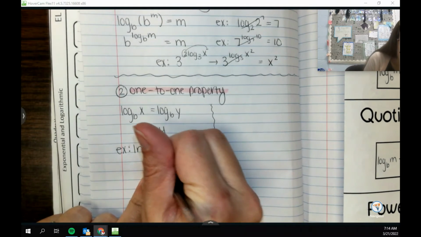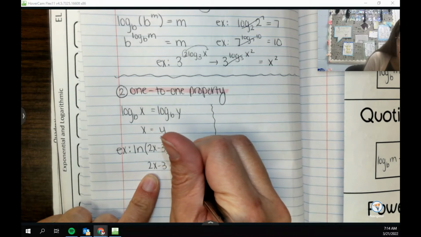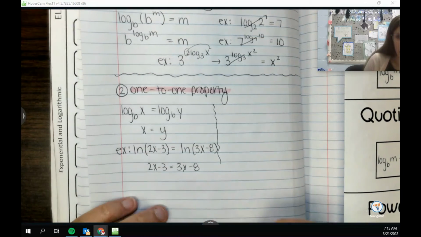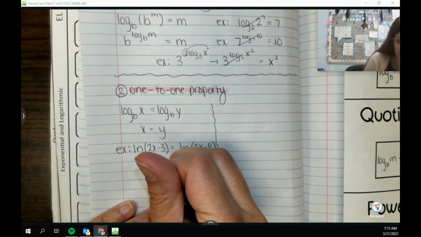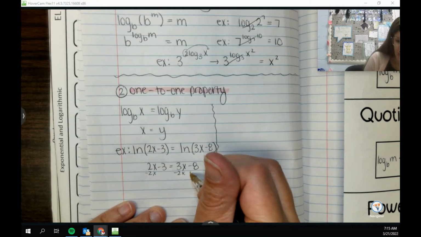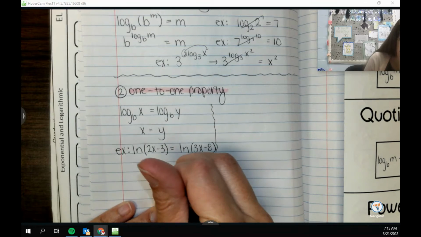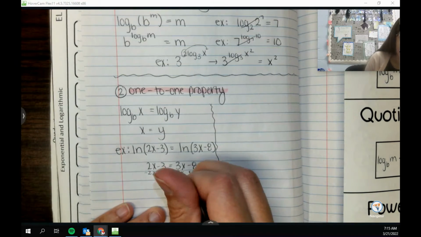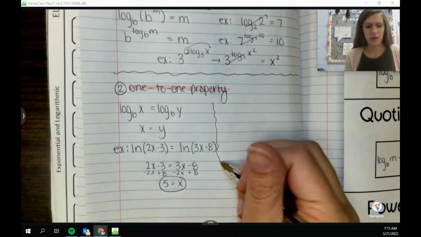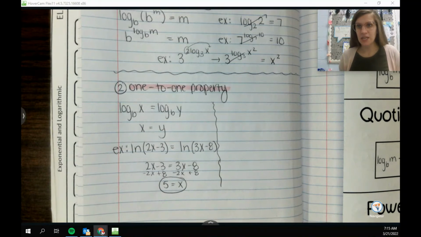So 2x minus 3 has to be the same as 3x minus 8, and then we just solve from there. So subtract the 2x, add the 8. So x is 5. Boom, you're done. Easy. No sneaky stuff.